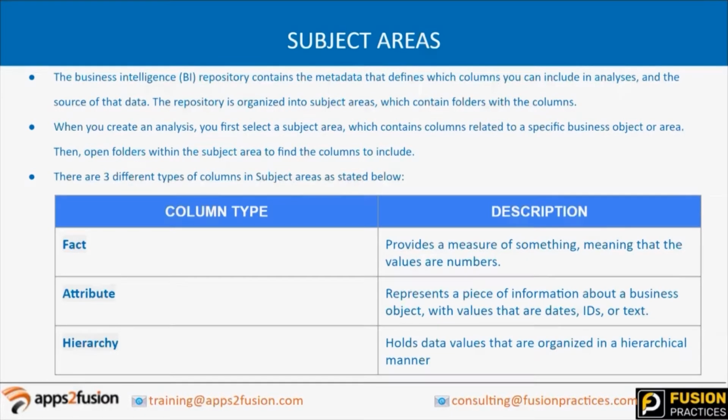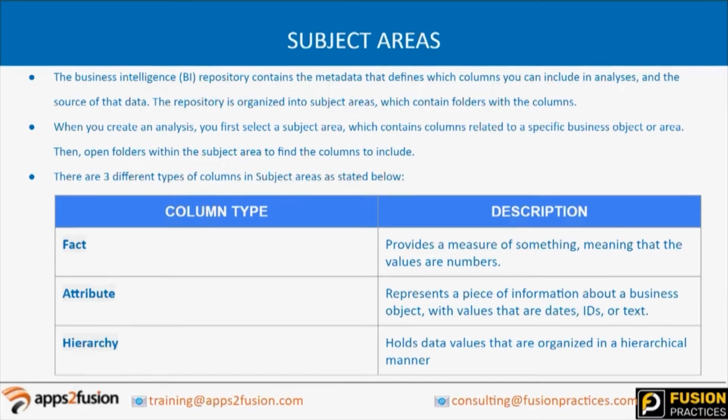I'll show you how that icon looks, and you can differentiate which is fact and which is dimension. Anything that deals with numbers and data, you can consider as fact, and anything that deals with non-number columns, like your ID columns, giving information like invoice date, invoice number, supplier ID, all these come under dimension columns.